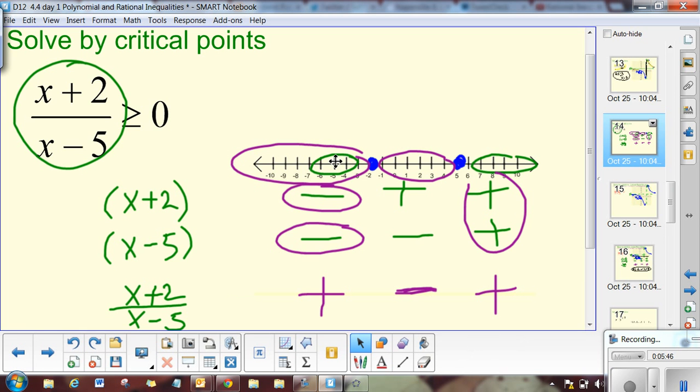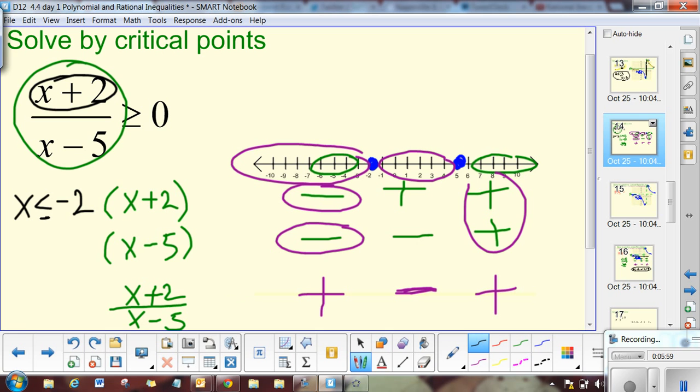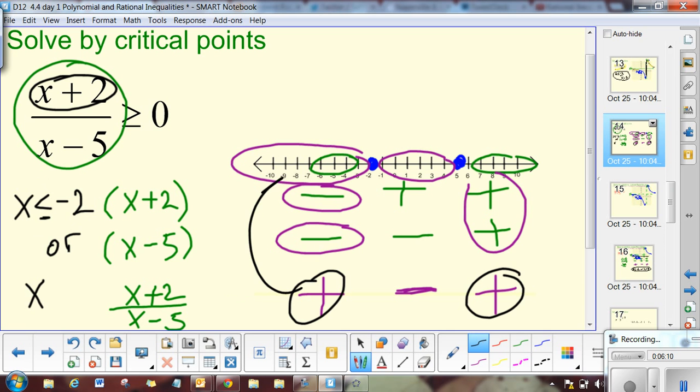We can put it all together and say x is less than negative 2. Negative 2 is simply an x-intercept, so it also could be equal to it. Or x in this positive zone, this positive represents anything greater than 5.